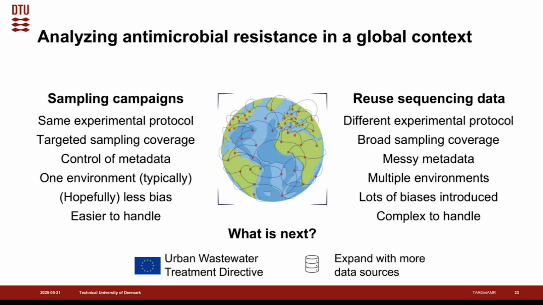But of course, this requires more knowledge on how to handle the data. I already talked about metagenomics. We also have whole genome sequencing and a lot of other data sources out there. I think it's just a matter of time before everything gets studied all at once. So there are definitely a lot of opportunities and challenges in expanding to more data sources. I think it will be very cool to see how big studies will go.